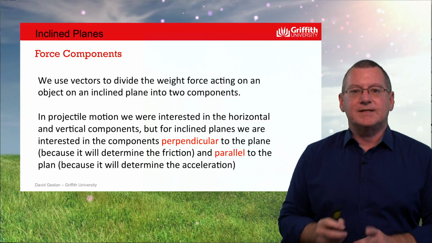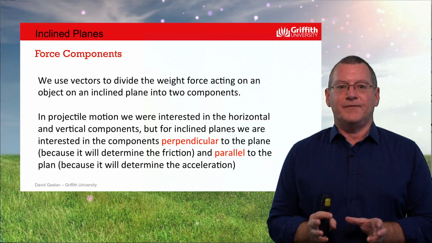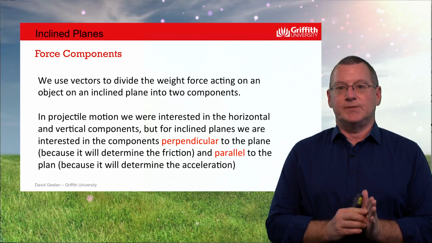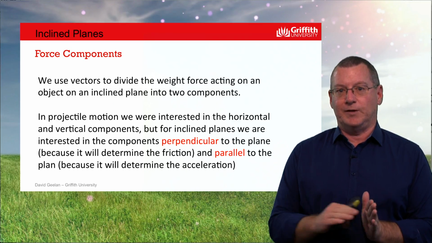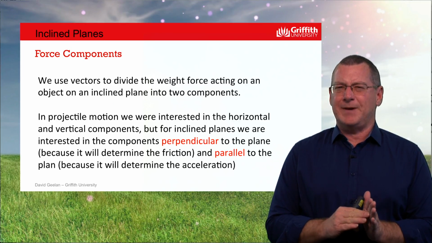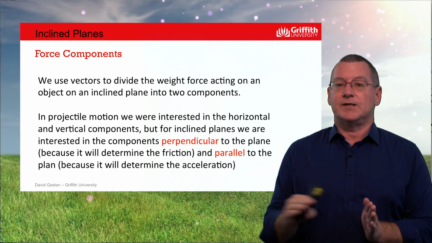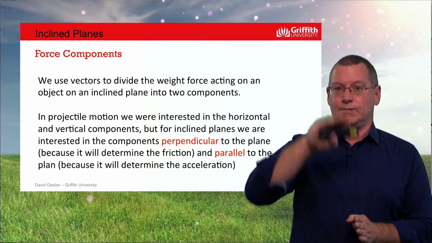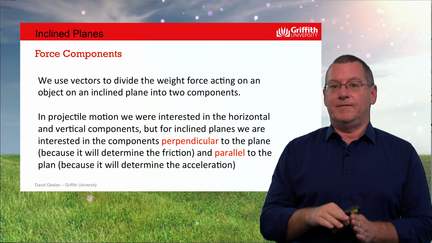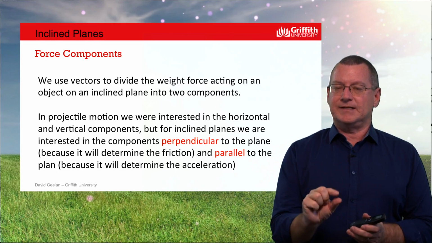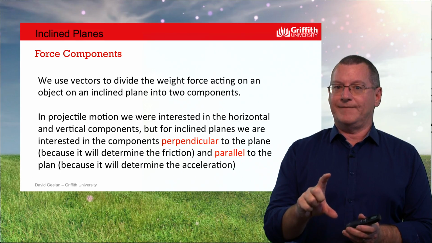Just as we used vectors for projectile motion, we had a horizontal velocity vector and a vertical velocity vector. The vertical velocity vector is kind of interesting because it starts out big because you're going fast upward.